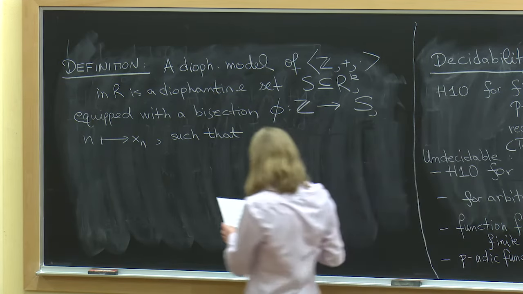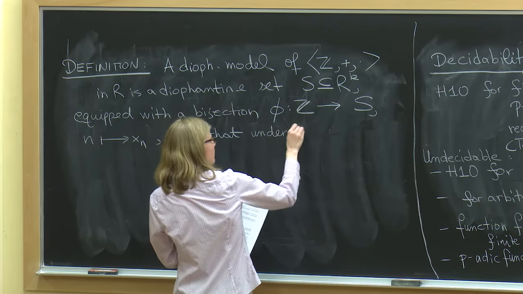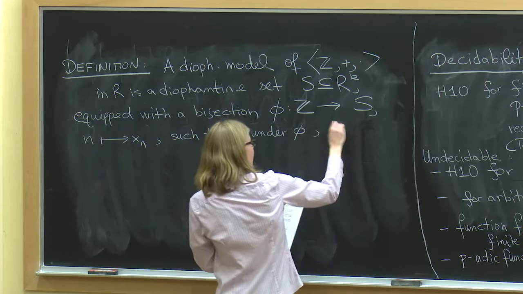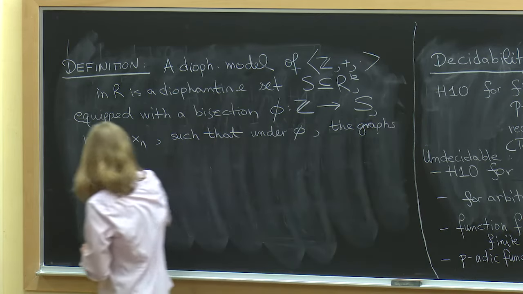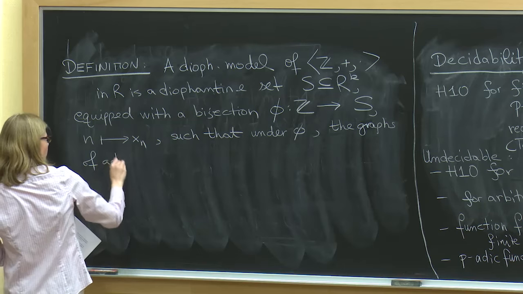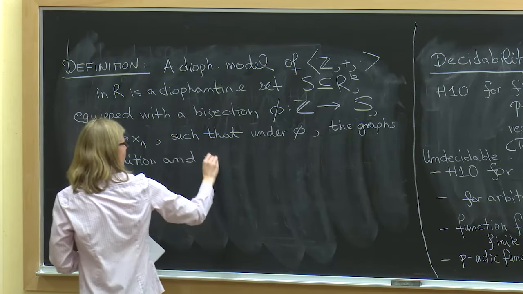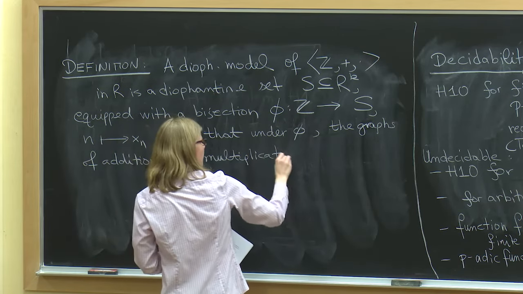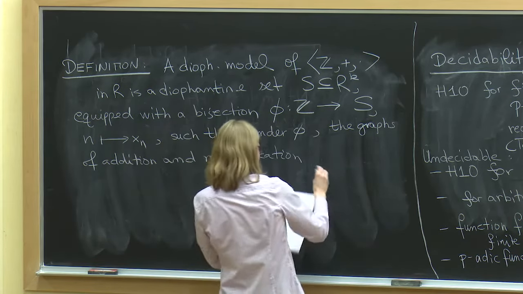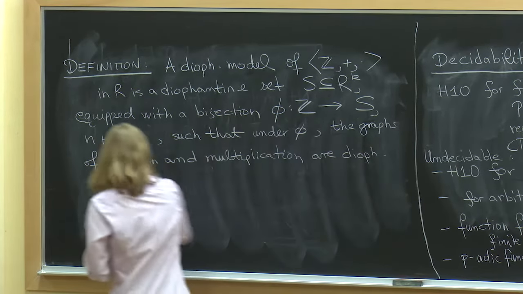And we want those to be Diophantine, such that under phi the graphs of addition and multiplication are Diophantine subsets of S cubed.